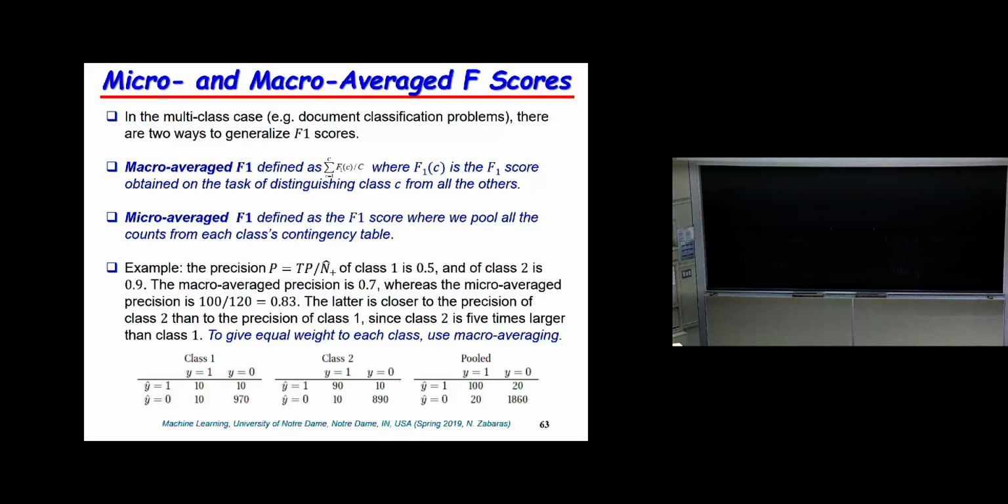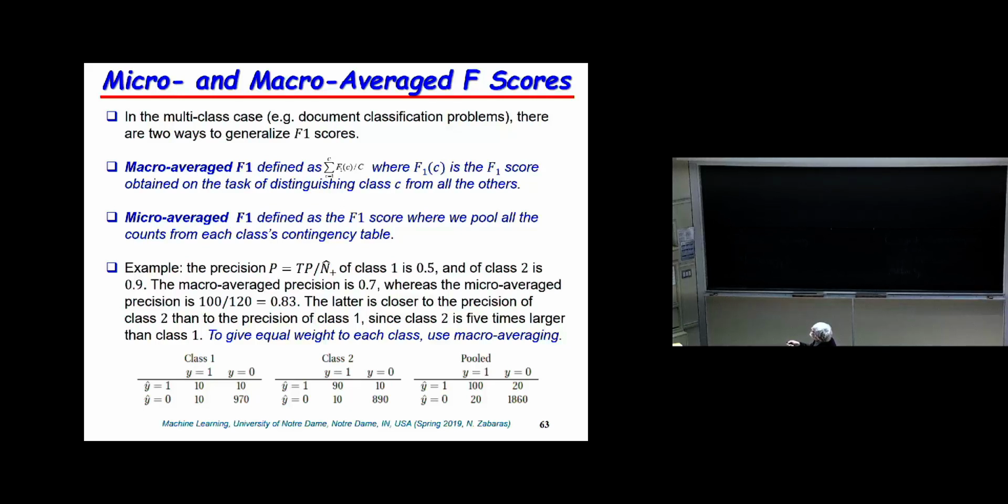You classify if something is in class 1 or it's not, in class 2 or it's not. This is called a macro-average F1 score. The other one, micro-average, is to pull all the results together and come up with one contingency table, and compute the F1 score from that table, with all the numbers summed together.